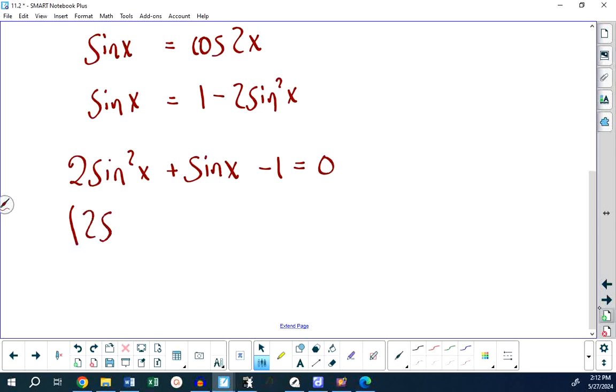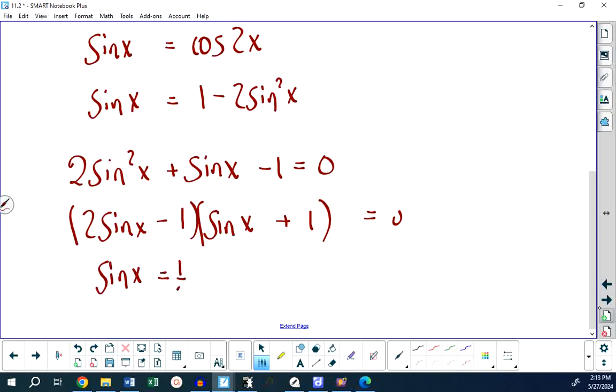So 2 sine x, and it will be a 1. Sine x, and it will be a 1. What do I want? A positive sign in the middle. I think that does it. To get positive 1 sine of x for my outer and inner combined. Which means, there you go. Sine of x is 1/2, which happens at pi over 6 and 5 pi over 6.